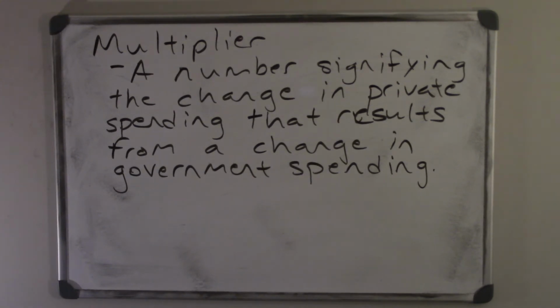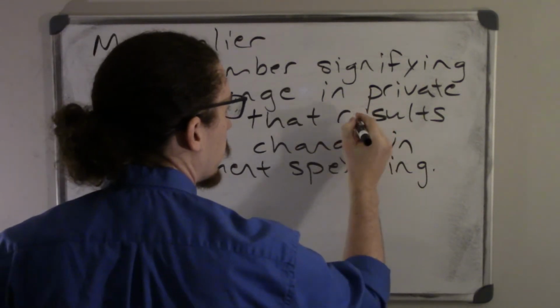So essentially it's a number telling us the magnitude of the multiplier effect for any kind of policy change.